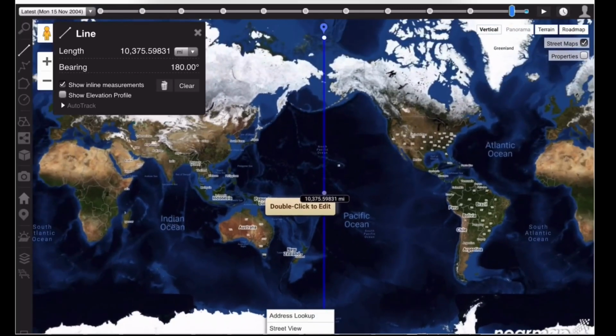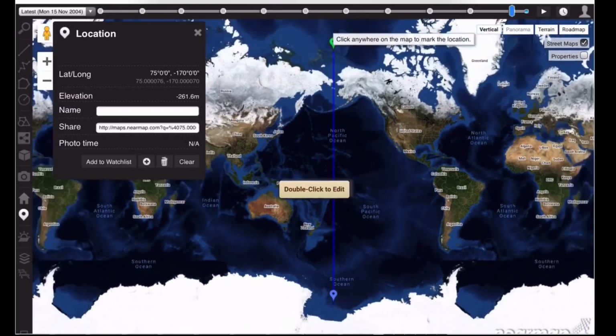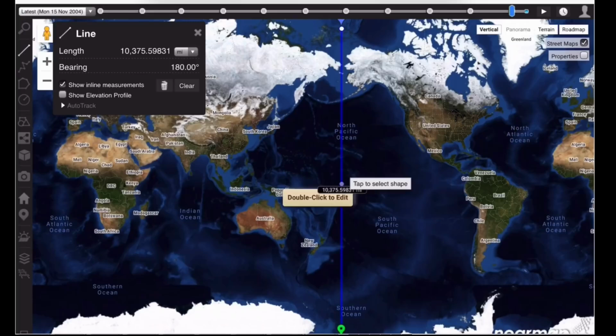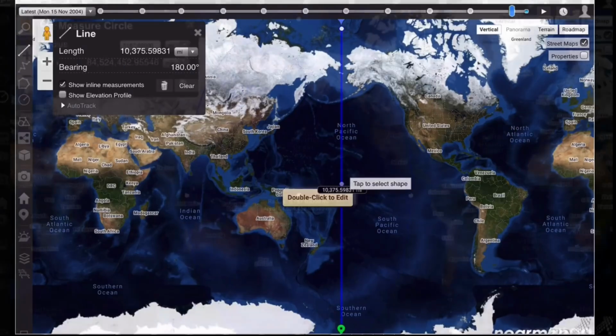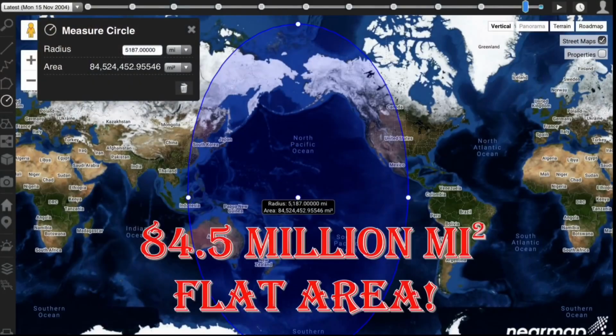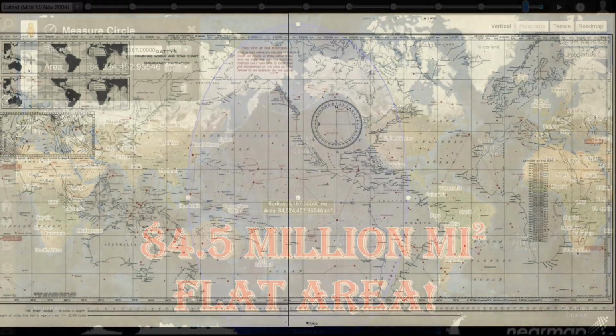Knowing that between these 2 points has to be absolutely flat, let's measure between them. 10,375 miles again, with an area of 84.5 million miles. Absolutely measurably flat. But it doesn't stop there.